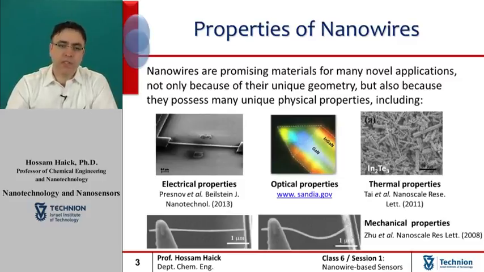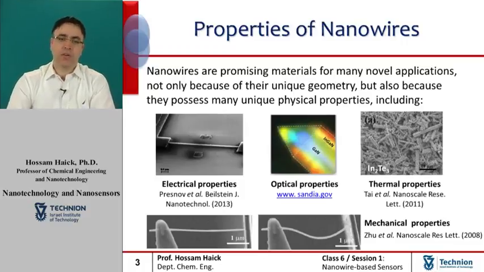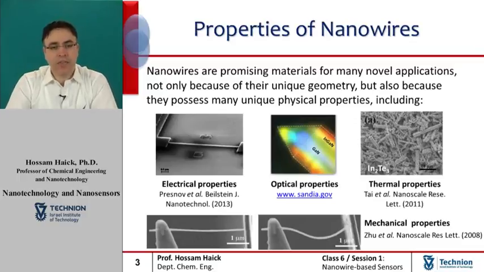Nanowires also possess interesting optical properties when they are fabricated from group 3 nitrides. This semiconductor absorbs and emits light efficiently over a very broad and useful energy range from the UV to the visible and IR wavelengths. These nanowires are the basis for commercial products such as visible LEDs and blue laser diodes.